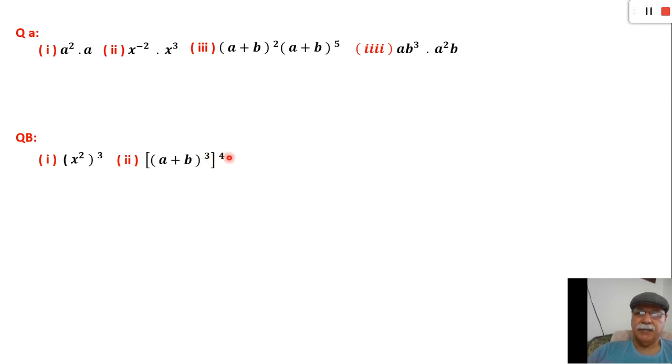We multiply 4 by 3 in order to open or expand this bracket. Here it is the same problem: we multiply the power by everything inside the bracket, 4 times 1 because a has power 1, 4 times 2, like this.